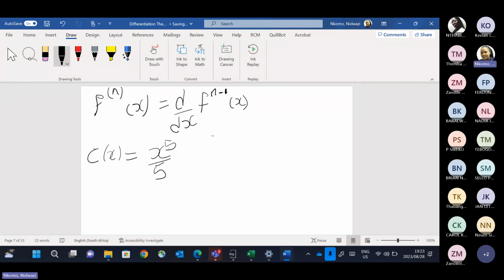And you are asked to find the first derivative of c, the second derivative, up to the third derivative.